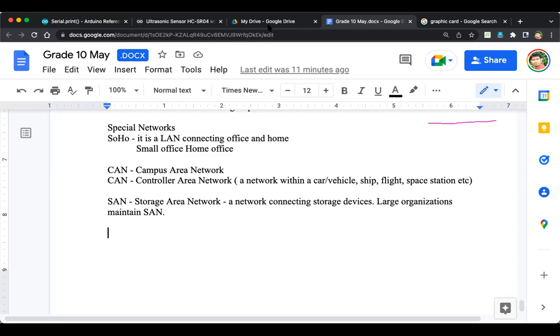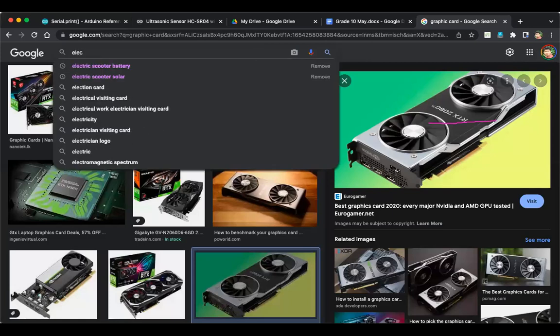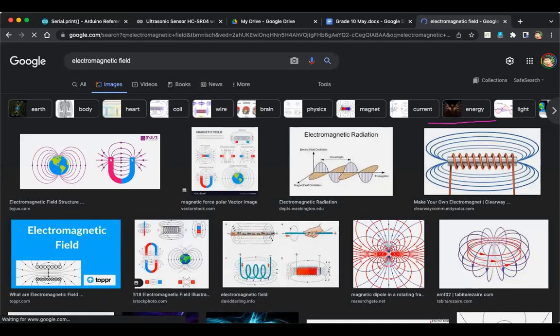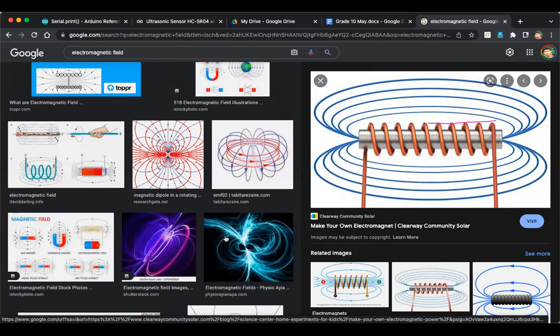Similarly, when a conductor is transmitting, this is called an electromagnetic field. Here you can see this is what I said about the copper coil. There is an electromagnetic field when the conductor is transmitting power.